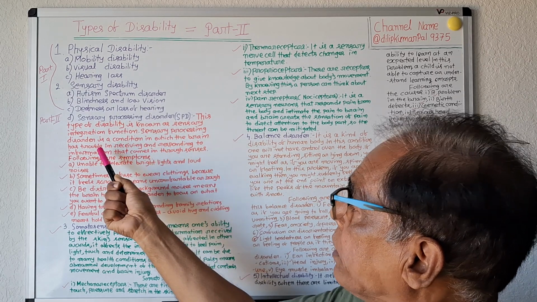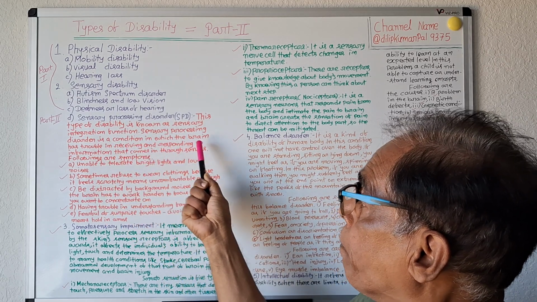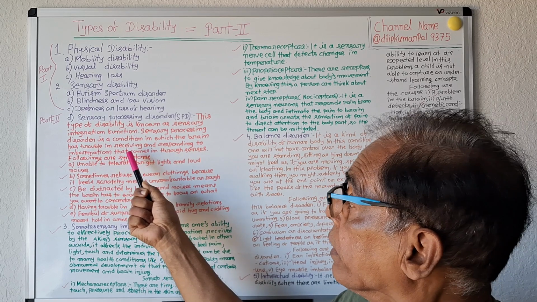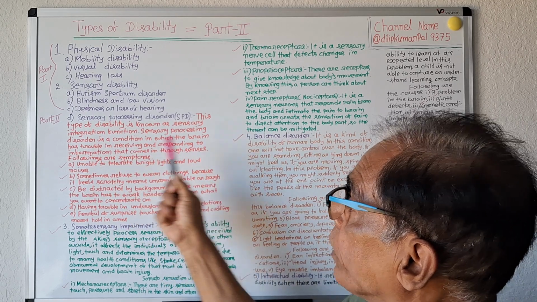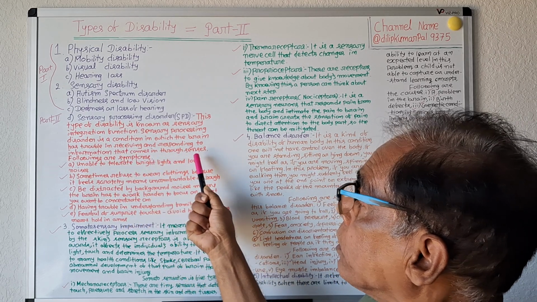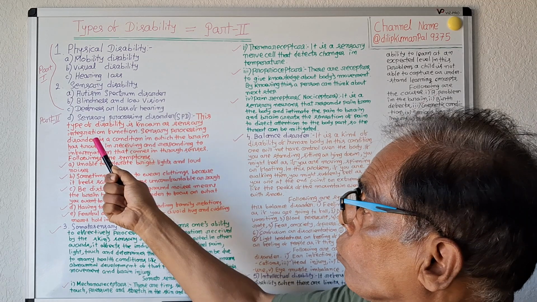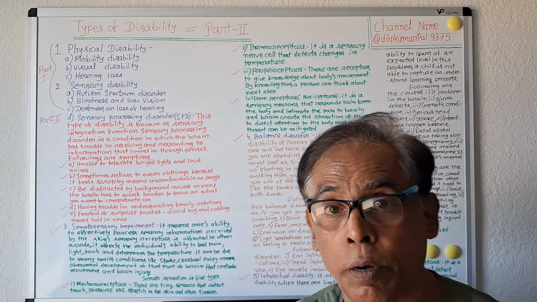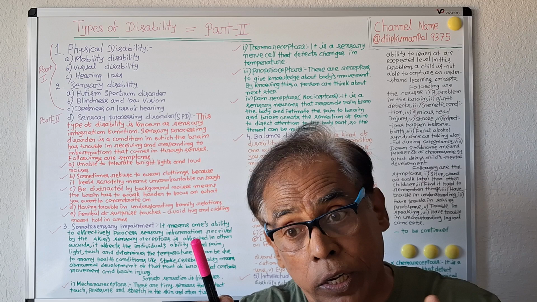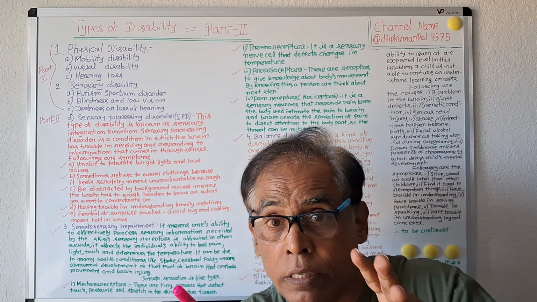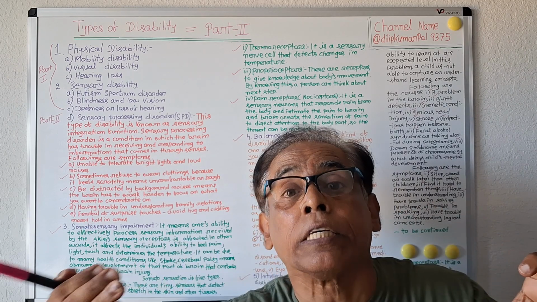Sensory processing disorder is a condition in which the brain has trouble in receiving and responding to information that comes from the senses. So, sensory processing disorder means the brain will have trouble in receiving information from the senses of the human body.